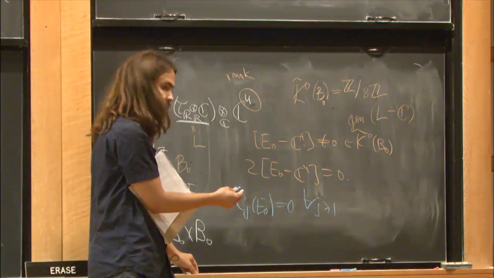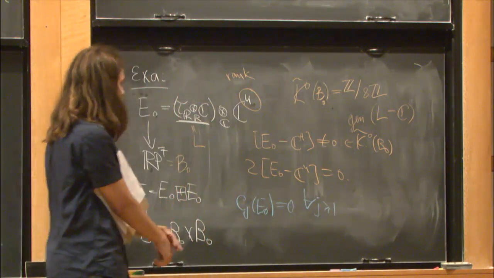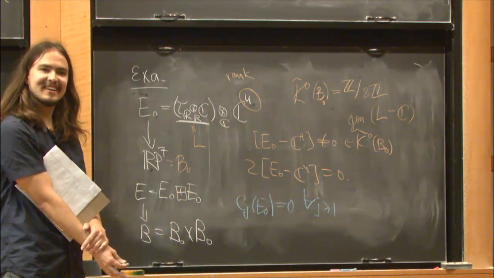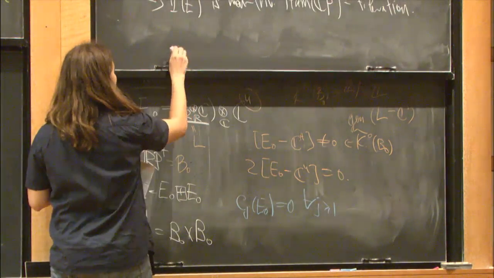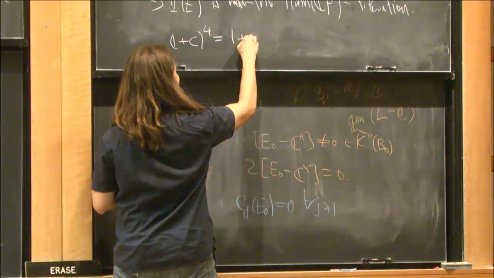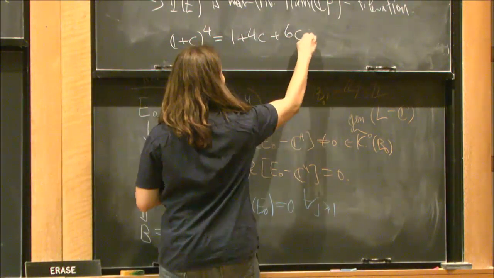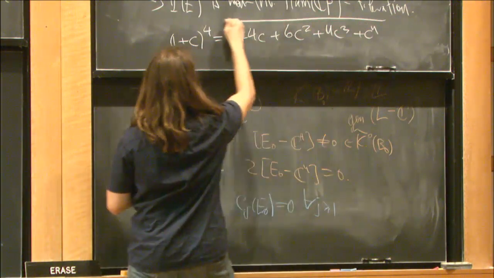Could that have been 2 instead of 4? If you tensored with C4, could you just have tensored with C2? No, unfortunately not. Because I use this formula that this is... right.